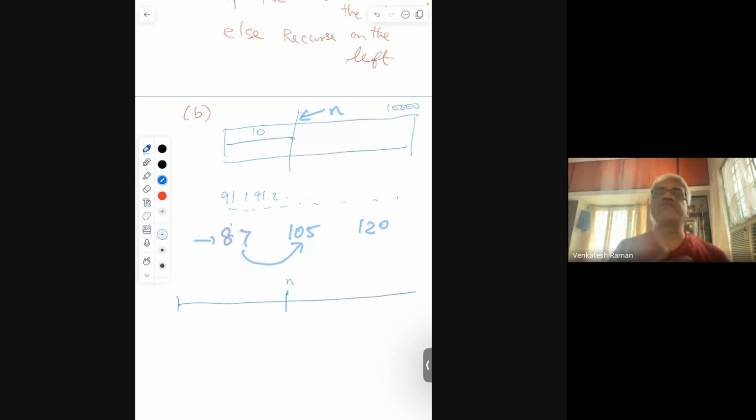You need to find n. One way to do it is to just keep throwing it from each floor and find the first floor where it breaks. That's like the linear search. But you can do some jumping, right? That's the idea. So somebody wants to take a crack?